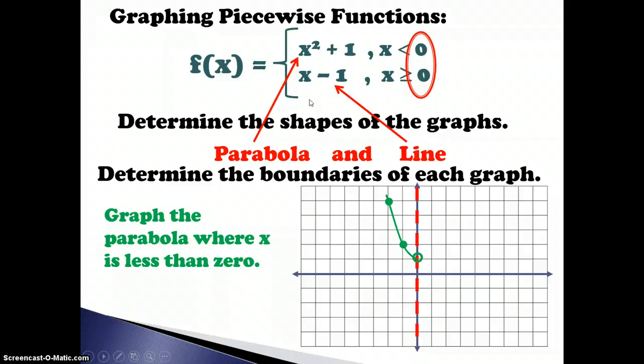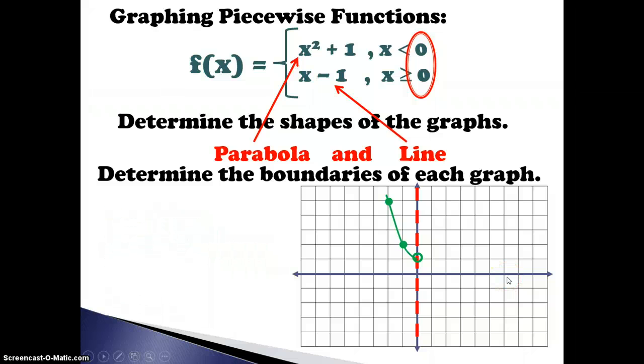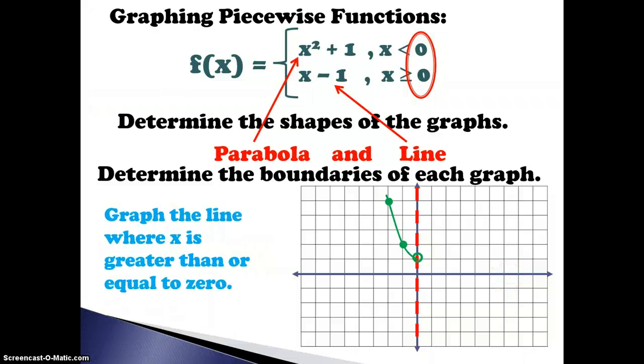Let's look at x minus 1 for where x is greater than or equal to 0. So I know it's going to be somewhere in these two quadrants over here, quadrant 1 and quadrant 4. So let's graph the line where x is greater than or equal to 0. If you were to graph a line on the calculator, again guys, use your TI-Nspire, go to y equals x minus 1.